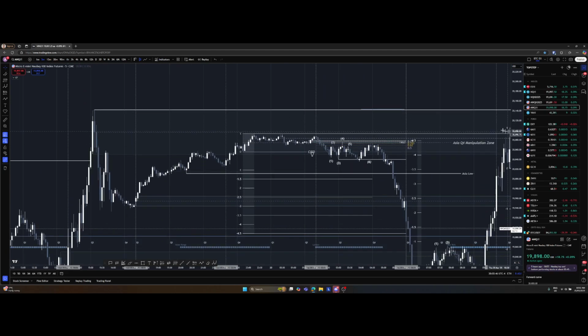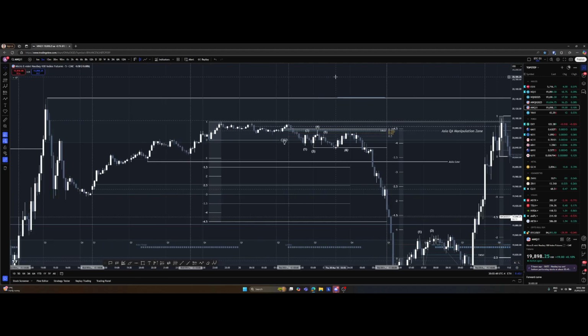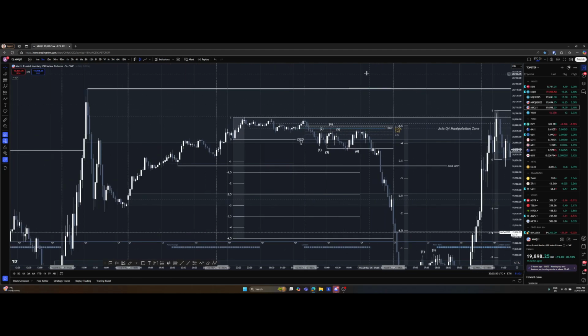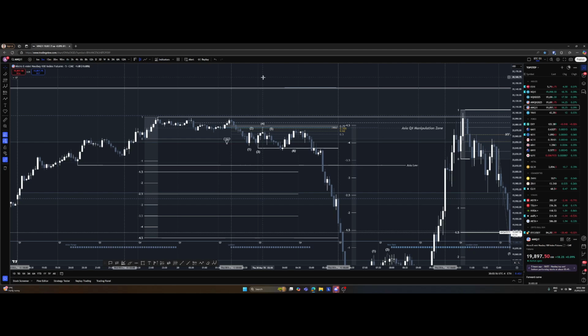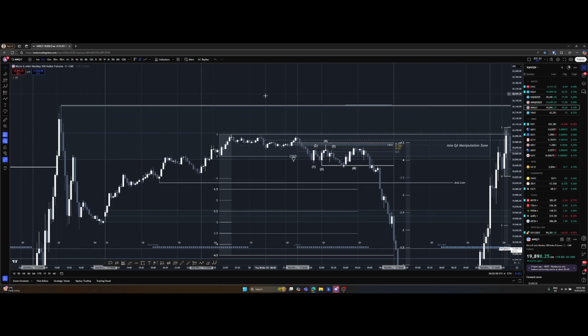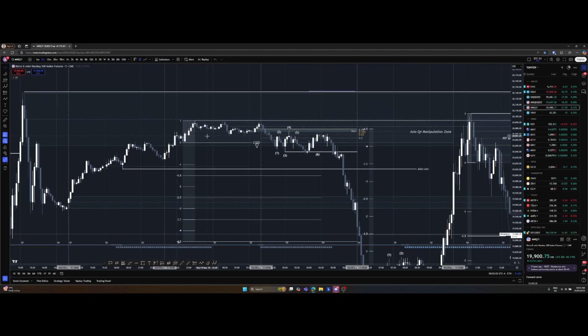So coming into Asia, we're looking for shorts. Prices expanded back up into this manipulation zone. And then just consolidating here for quarter 4 into quarter 1 for London.